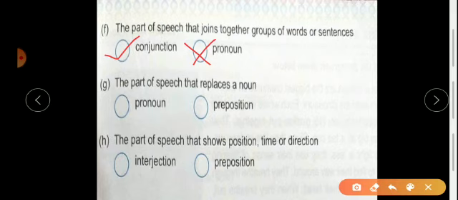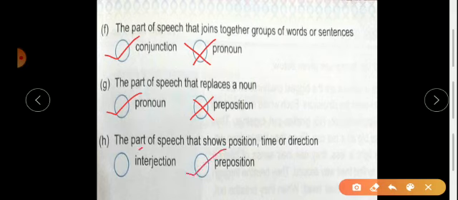Next, G1. The part of speech that replaces a noun. For this we call it pronoun. Next, H1. The part of speech that shows position, time, or direction.